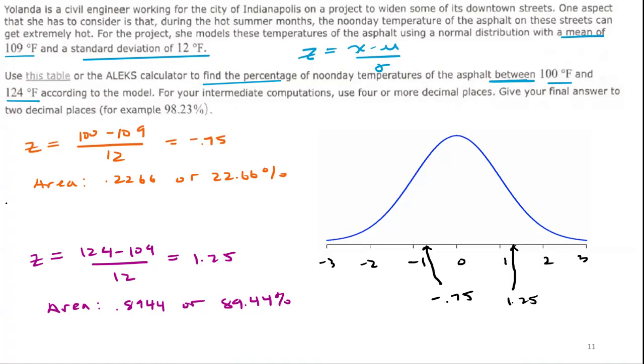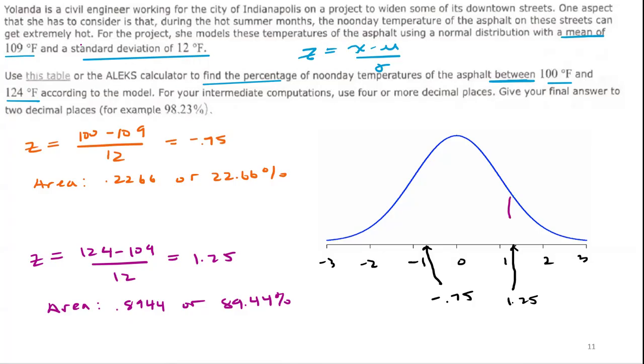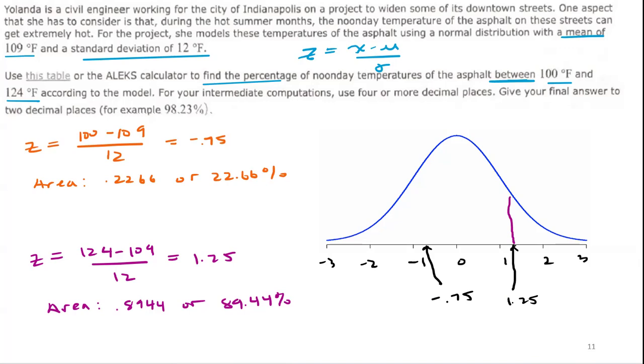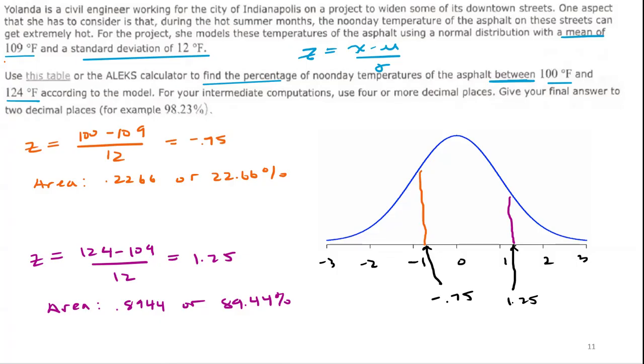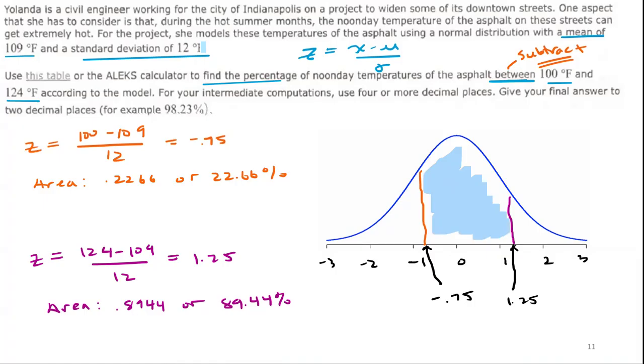Let's mark those. They're both being shaded to the left, and what we want is the area between them. So we're going to, again, subtract. Between means to subtract, so we want this information right here.